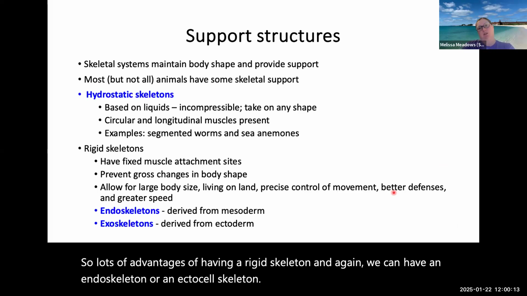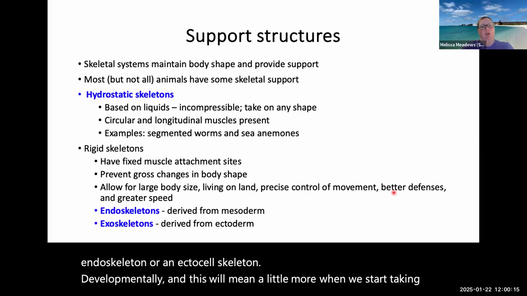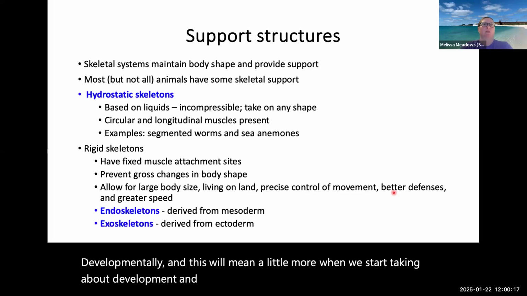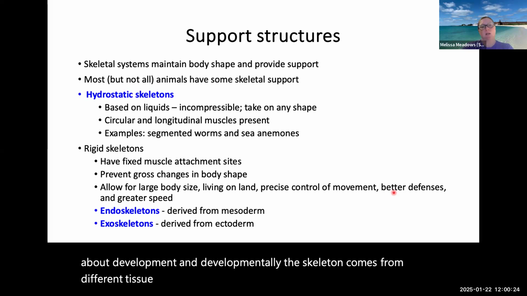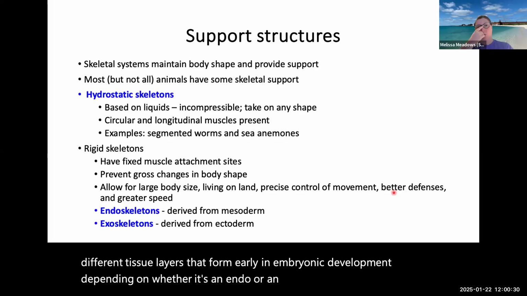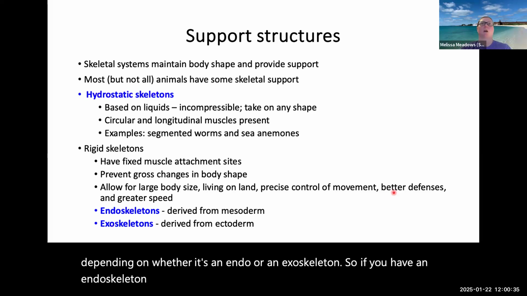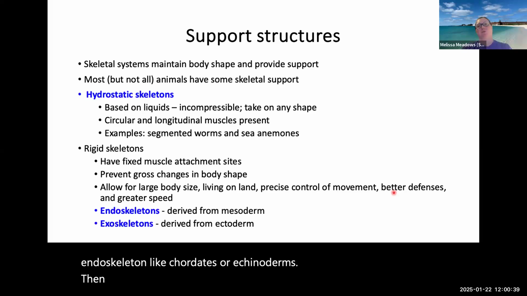Developmentally, and this will mean a little more when we start talking about development, the skeleton comes from different tissue layers that form early in embryonic development, depending on whether it's an endo or an exoskeleton. So if you have an endoskeleton like chordates or echinoderms, then that's derived from the mesoderm, kind of that middle embryonic tissue layer.